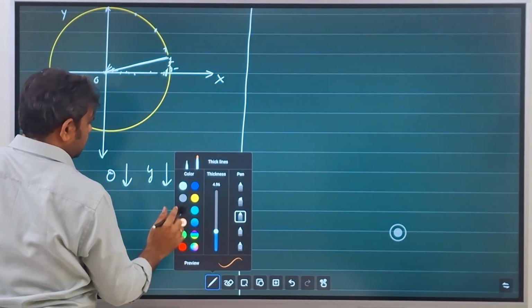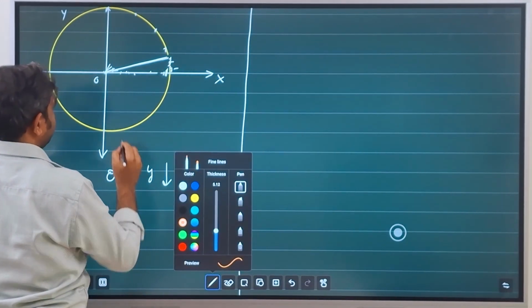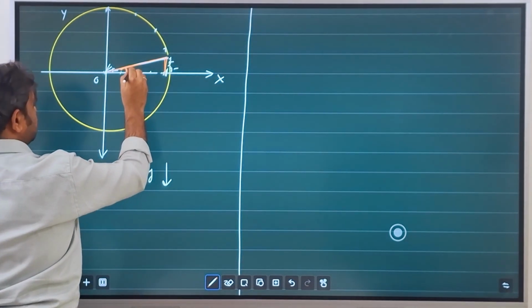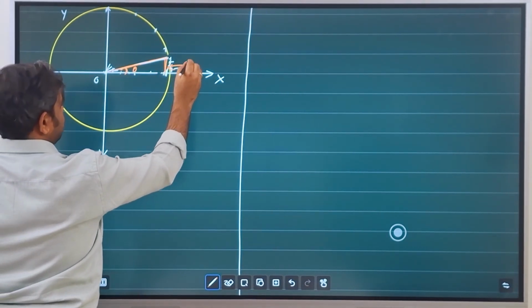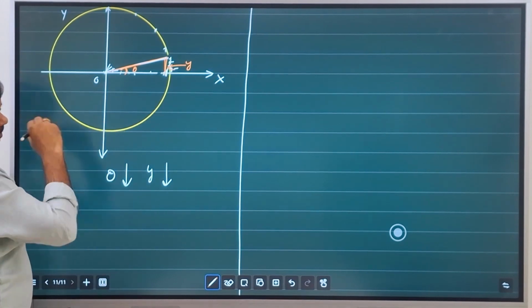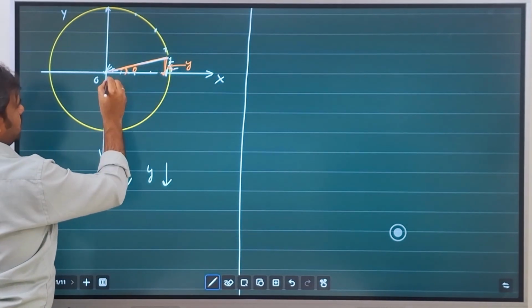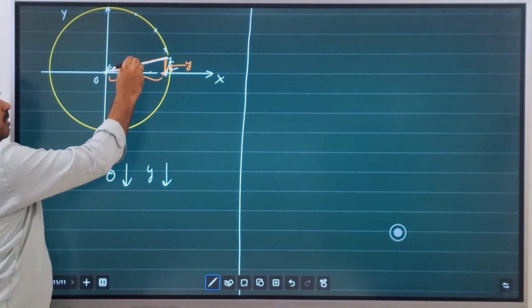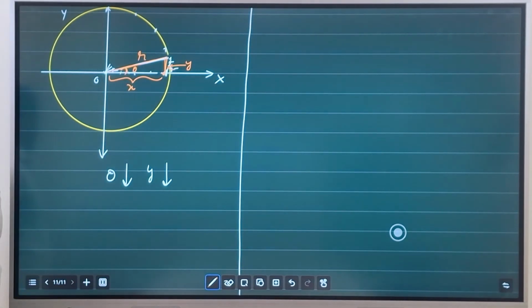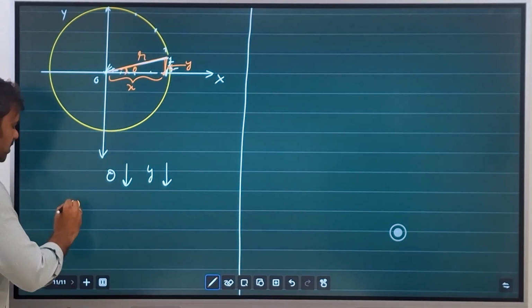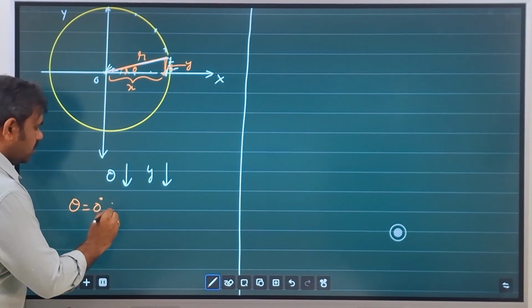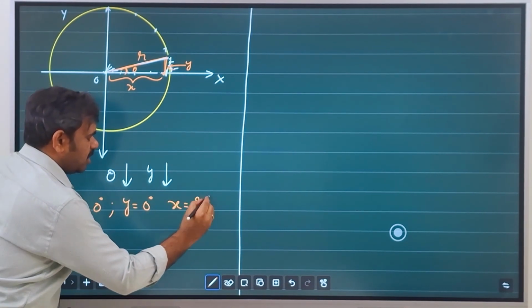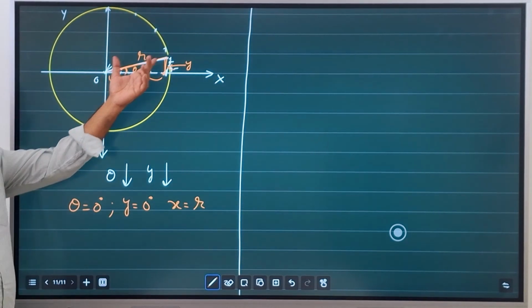So look at this right angled triangle with a very small angle theta. When theta is very small, y is also very small. X comes very close to the hypotenuse. So when theta becomes 0 degrees, y becomes 0 and x becomes r.